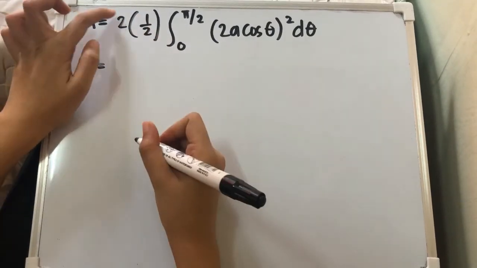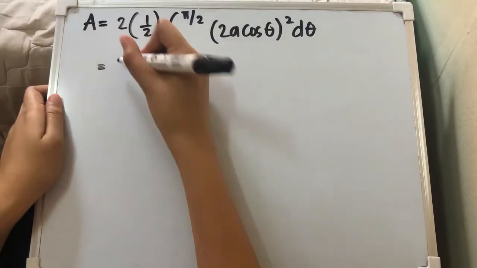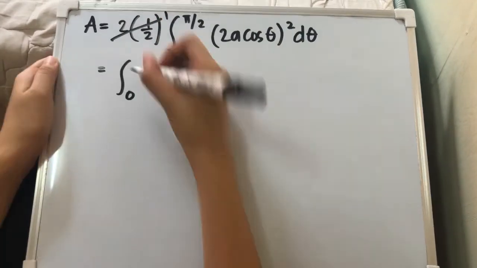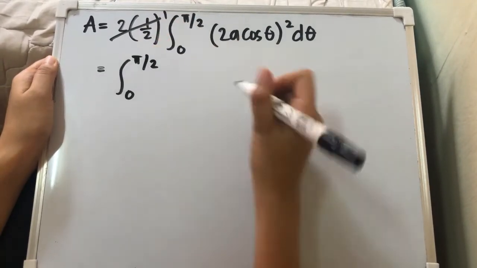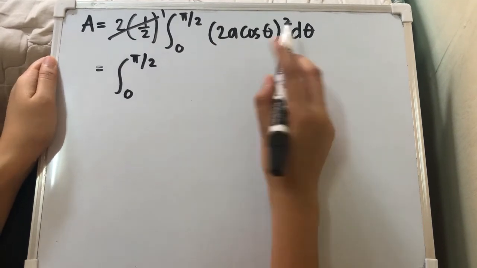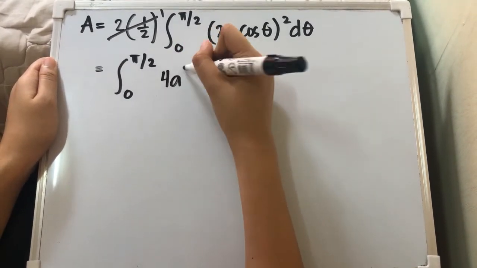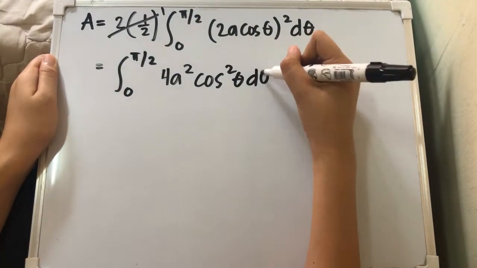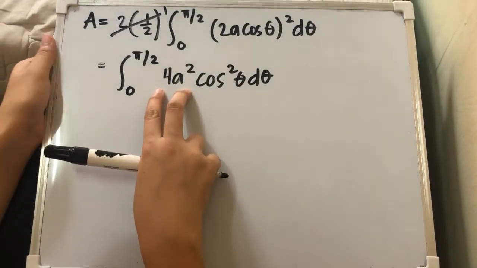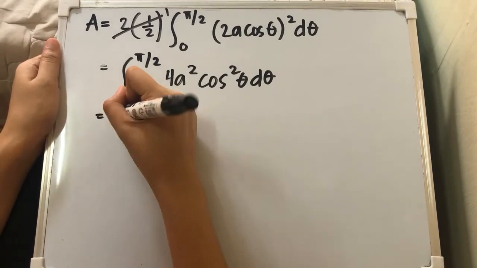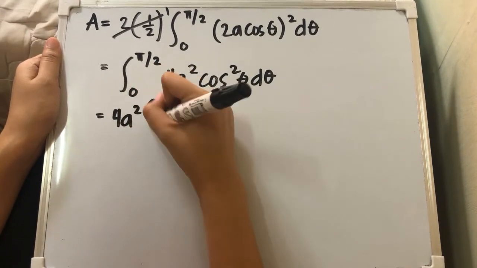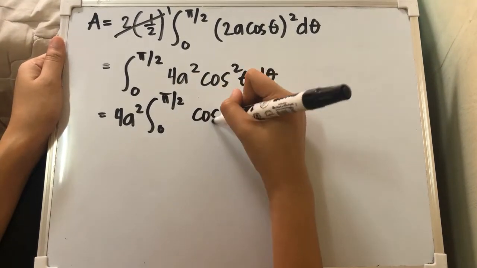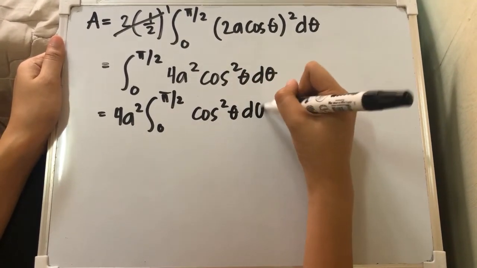Now, 2 times 1/2 is just 1, so you can have this as 1, 0 to pi over 2, and then 2a squared, that is 4a squared, cos squared theta d theta. We know that 4a squared is constant, so we can put that outside our integral symbol. So we have 0 to pi over 2, and then the cos squared theta d theta.